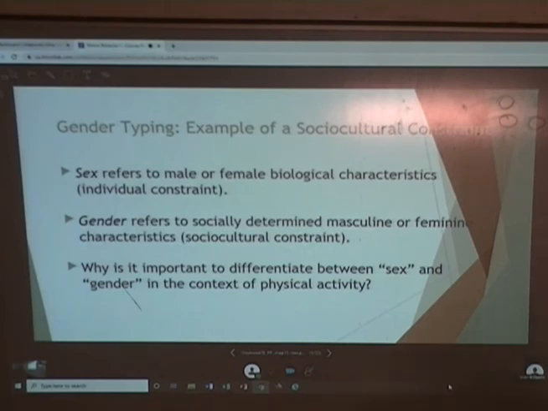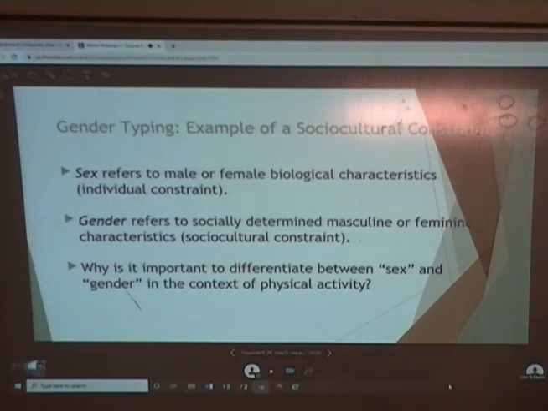So, when we're looking at physical activity, it becomes quite interesting, right? Can I differentiate between sex and gender? Because until the 1970s, women weren't allowed to play many sports that are out there, right?